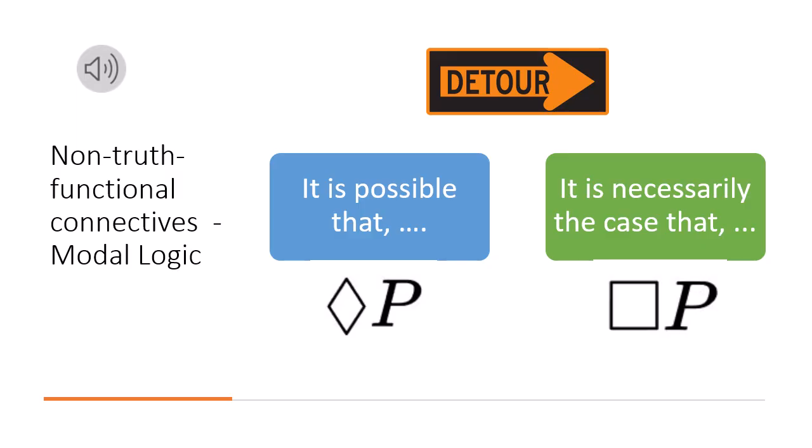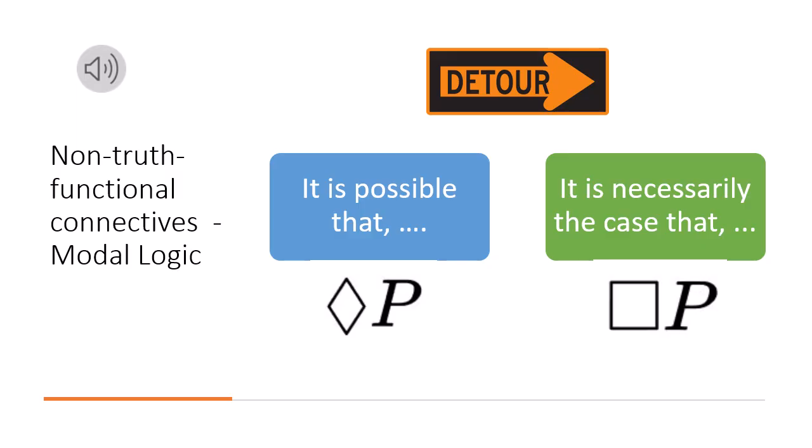Okay, so let's just take a little bit of a detour here and say a bit about truth functional connectives and the fact that there are also connectives that are not truth functional in nature.